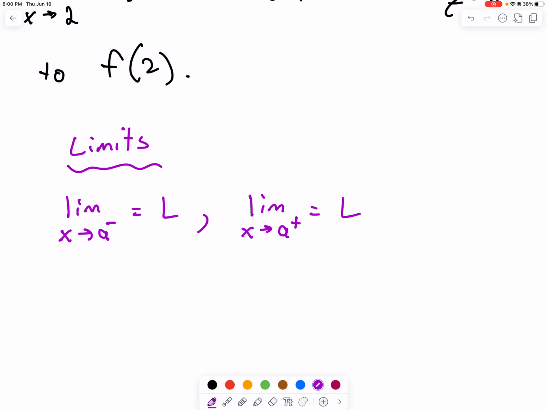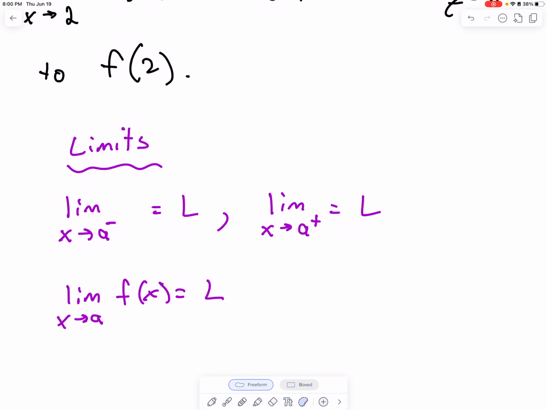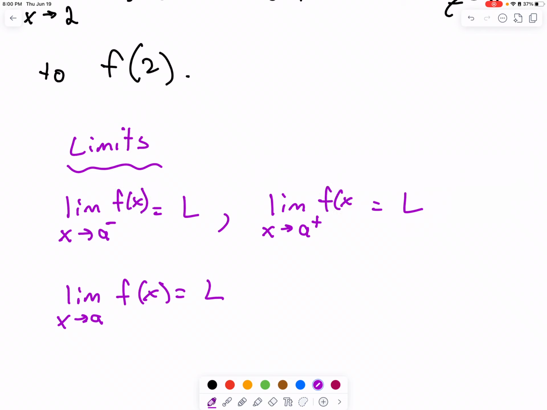Then when this is the case, we can say that the limit as x approaches a of f of x equals L. Again, limits are concerned with how the function is behaving as we get really, really close to this x value, coming from the left and coming from the right.